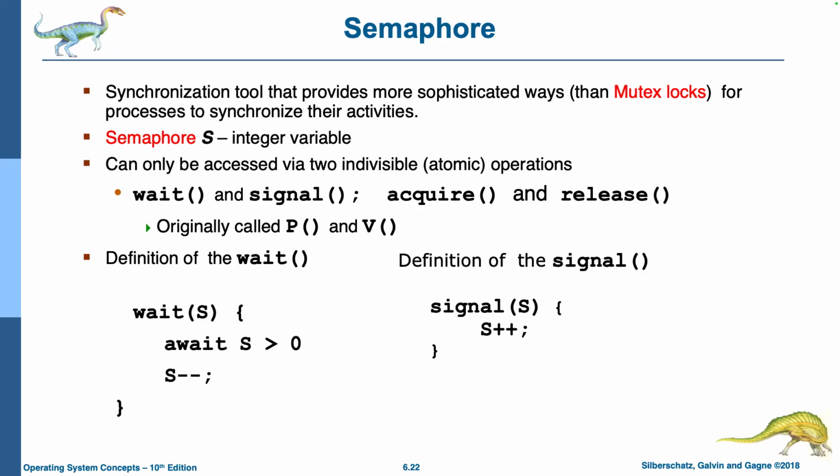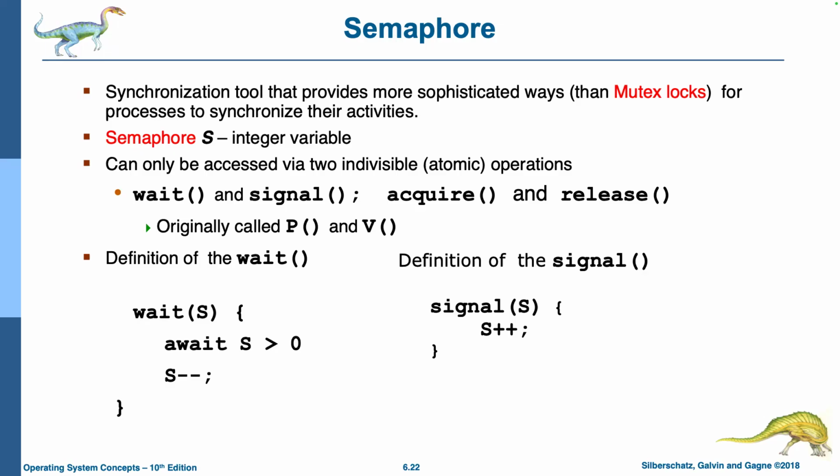Here, atomic operations. Okay, why must it be atomic? Because maybe lots of threads call wait and signal. This is semaphores. Atomic makes it safe, always correct.